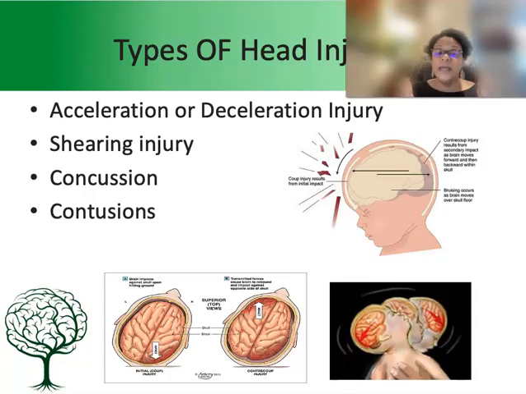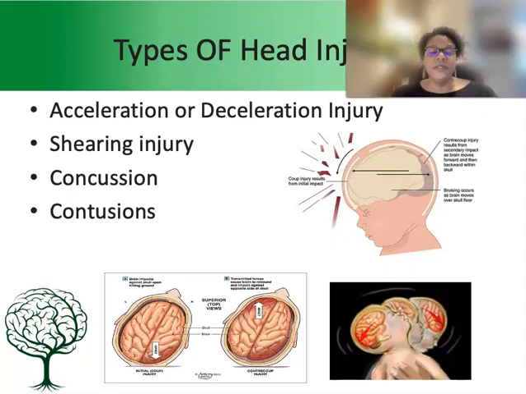So this is usually, again, unequal movement. It's not just forward and back. It's usually they're shaking him like this, like a rag doll. And so this is called a shearing injury, and we can see multiple injuries on CT scan.